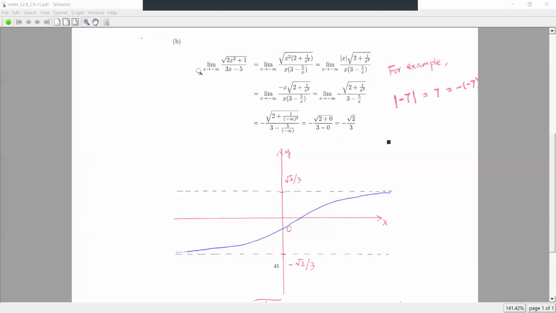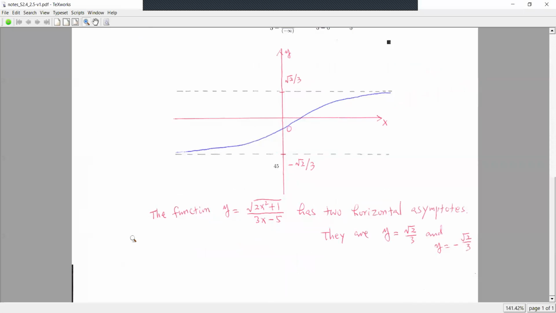From part B, when x approaches negative infinity, the function value approaches this number. So the graph approaches this horizontal line. This horizontal line is a second horizontal asymptote of the graph of the function.